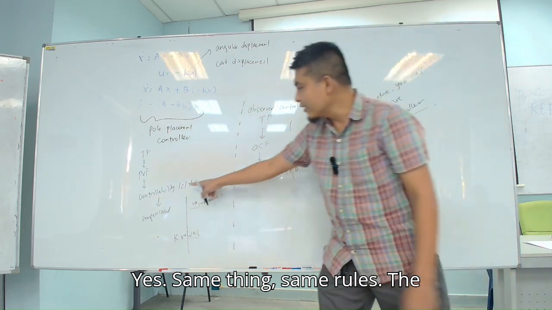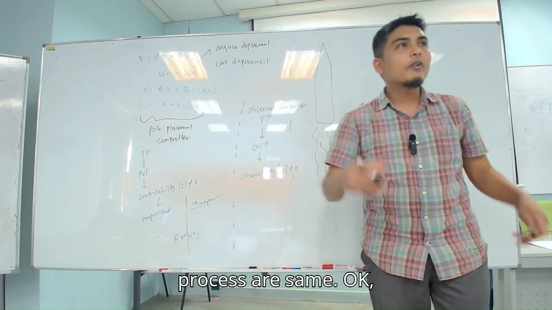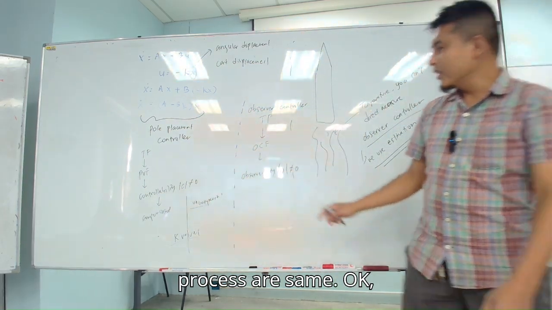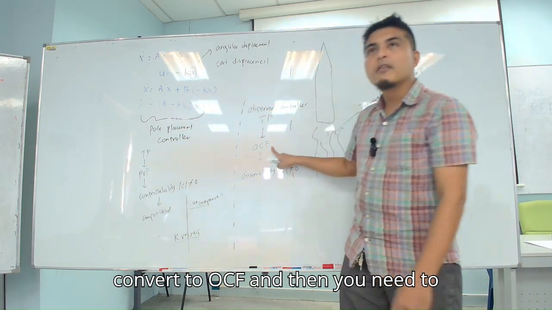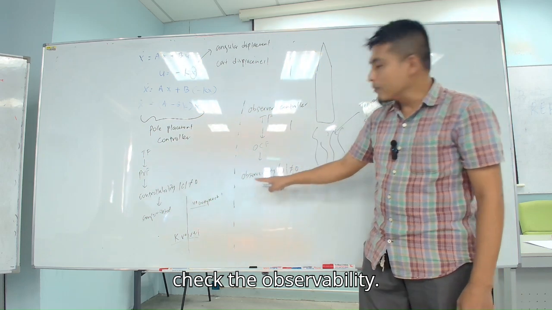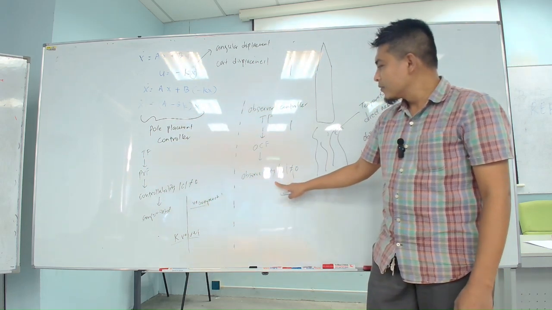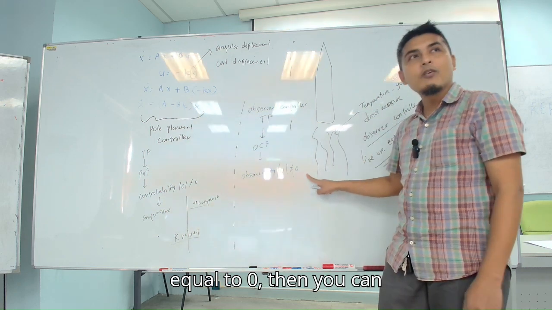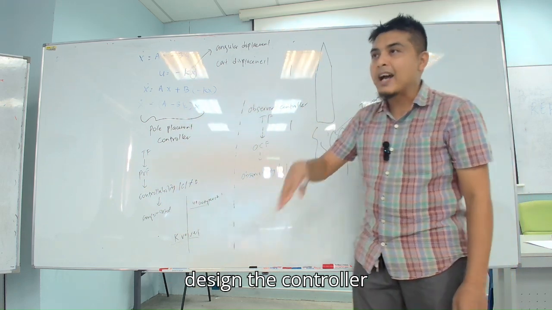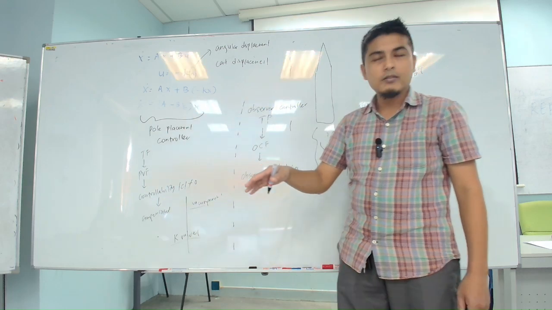Yes, same thing, same rules. The process is the same. You have the transfer function, you need to convert to OCF, and then you need to check the observability. If the observability is not equal to 0, then you can design the controller.